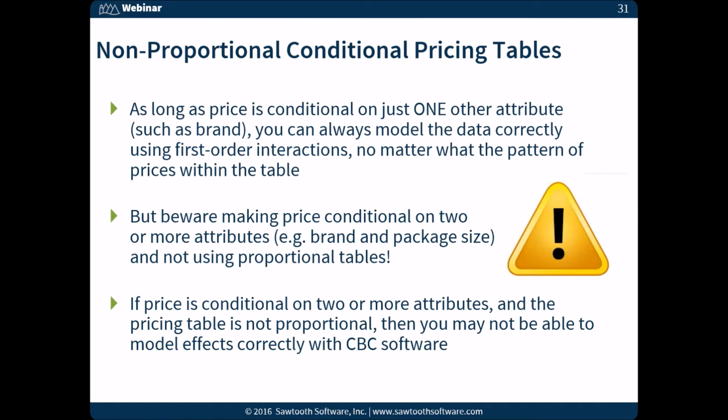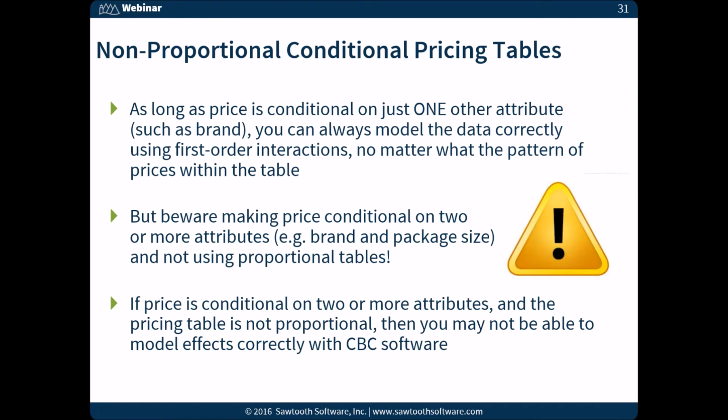So bottom line, if you use non-proportional conditional pricing tables, you're definitely going to have to include an interaction term between price and whatever attribute it was conditional on, and think about it prior to fielding, because you're going to want a larger sample size to account for those additional parameters in the model.